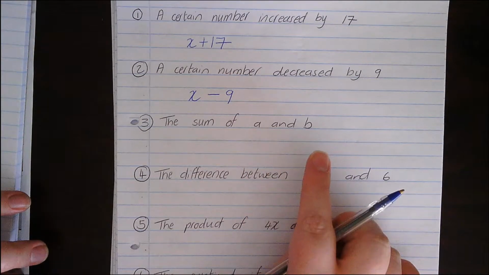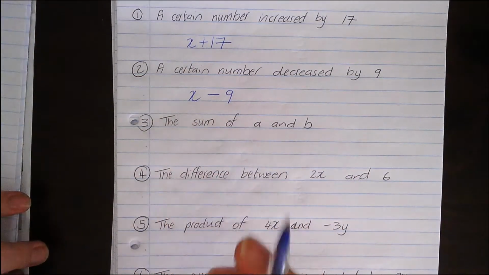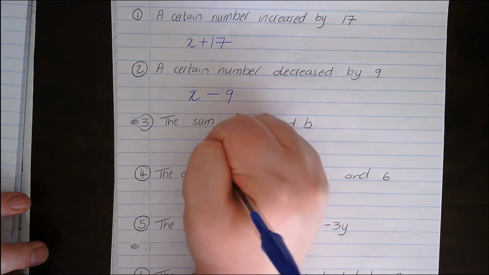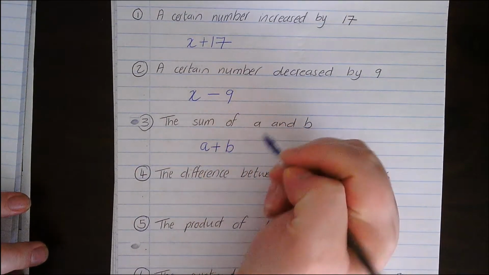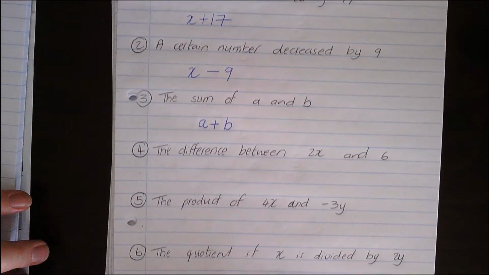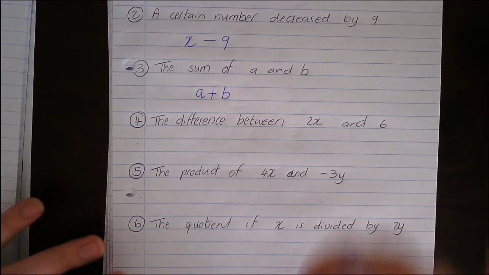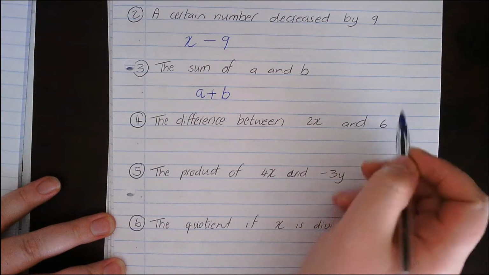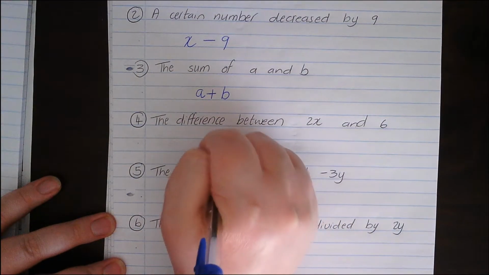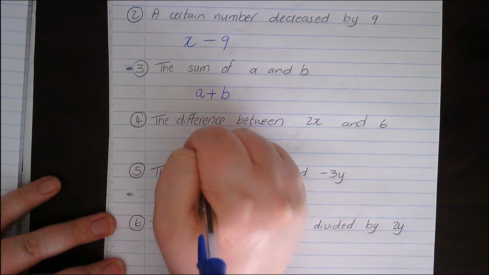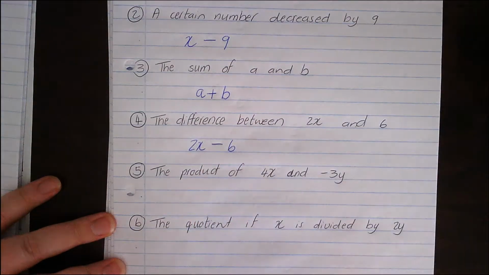The sum of a and b: sum means to add, so the sum of a and b. Okay. The difference between 2x and 6: difference means subtract 2x and 6 from each other.